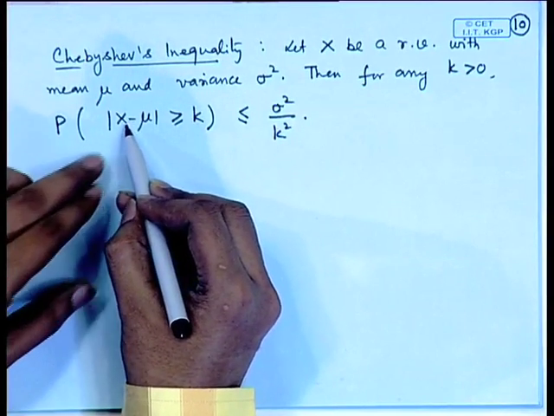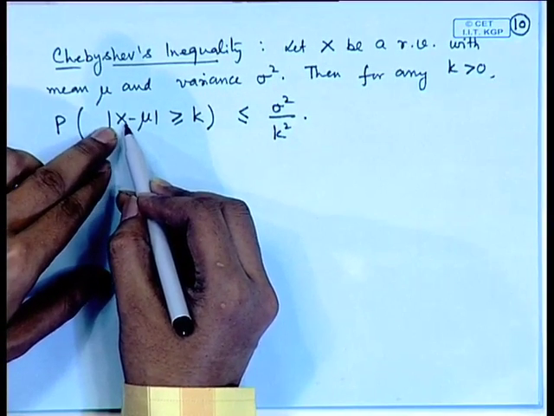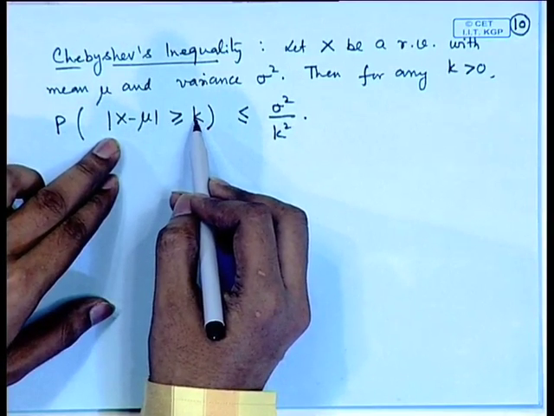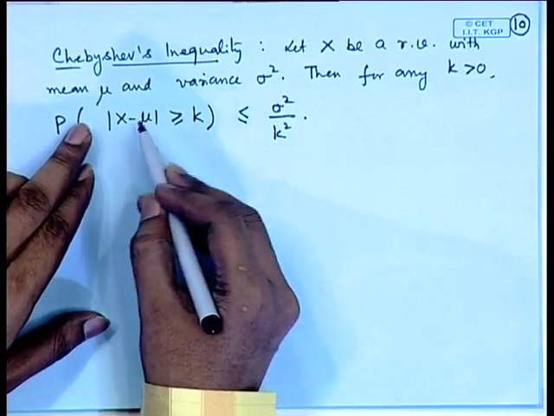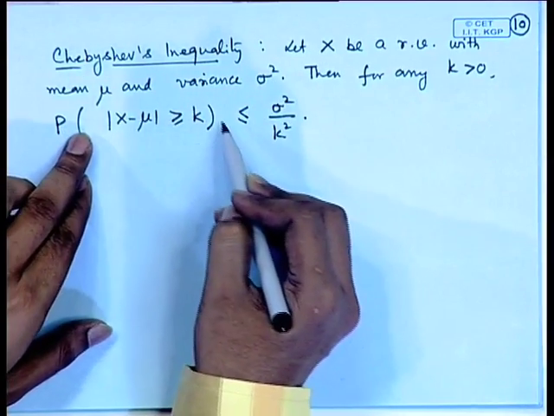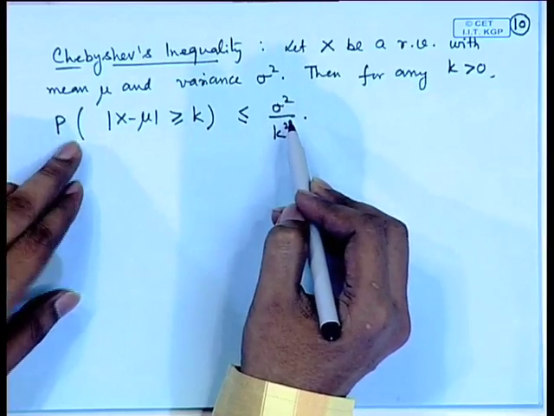You can see this denotes the probability of x lying outside a certain interval. We do not have full information about the random variable except its mean and variance. Nevertheless, we are able to give a certain bound for this probability.